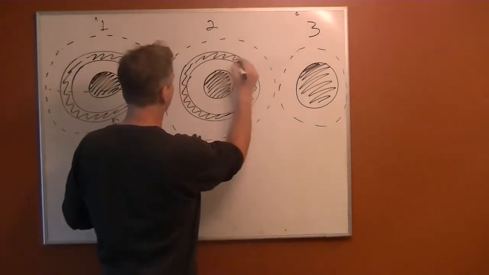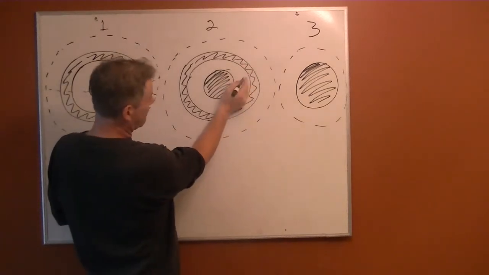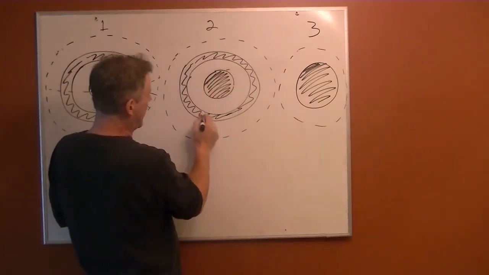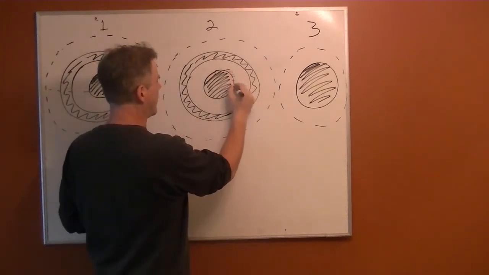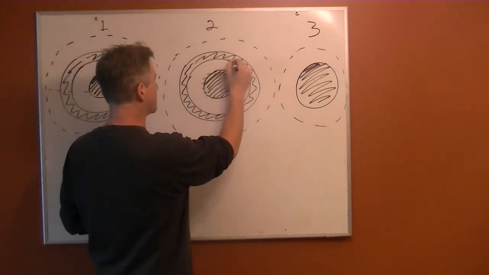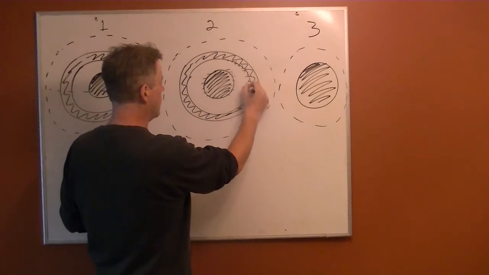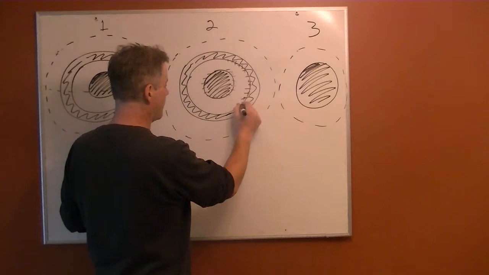I'm going to take those negative charges and take them off of this inner edge right here and move them to the center. So I end up with a bunch of negative charges on the outside of that inner shell and a bunch of positive charges on the inside of the outer shell.